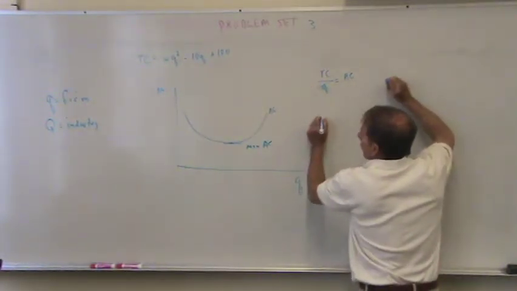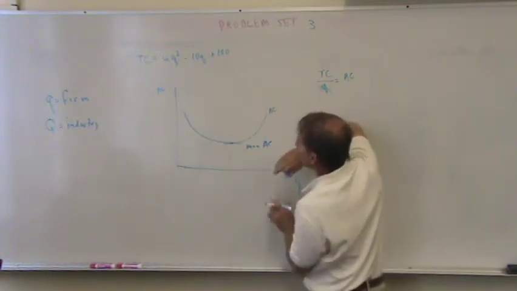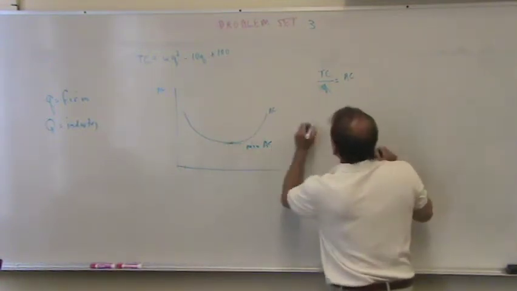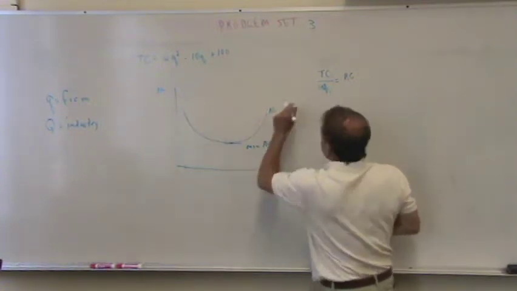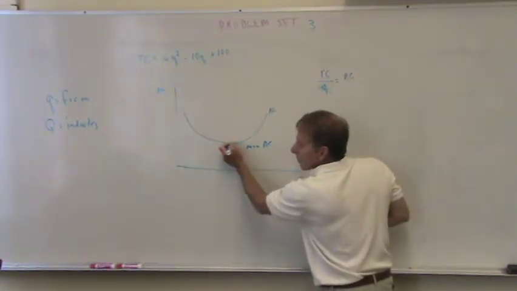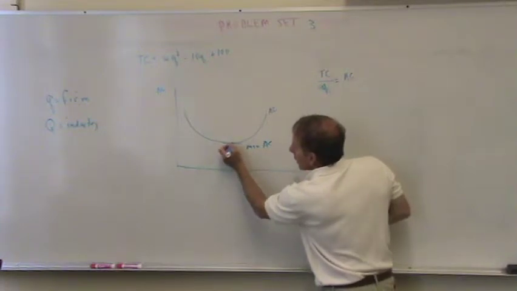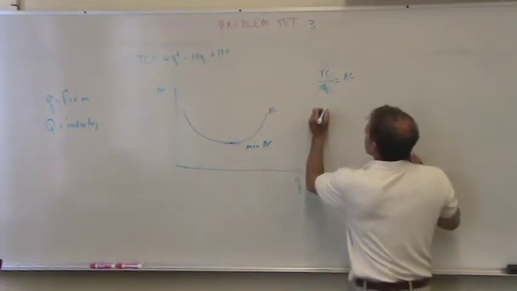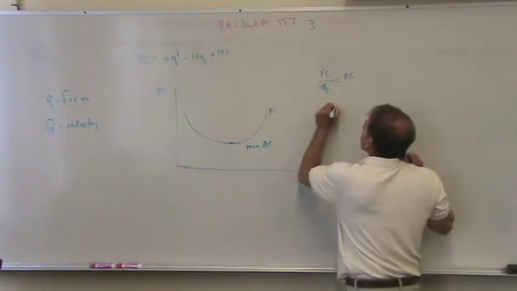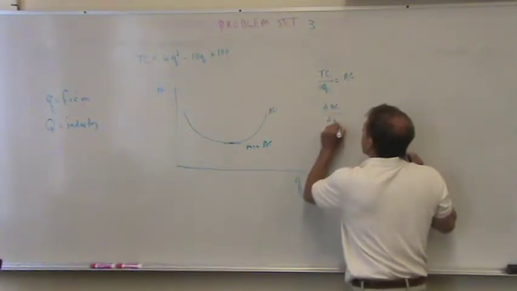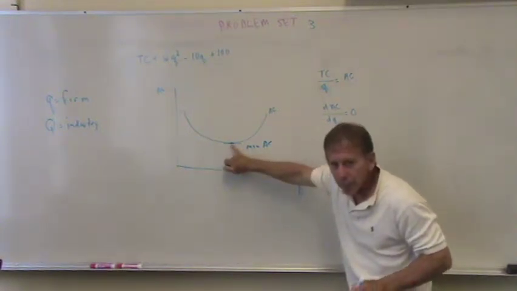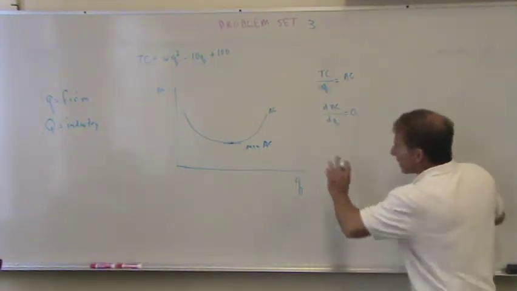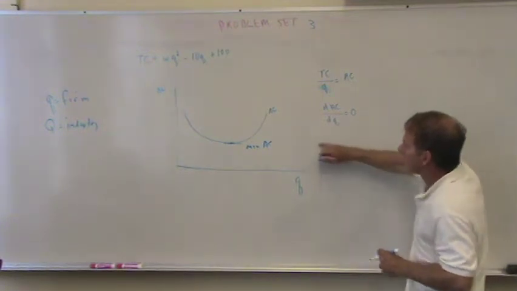Now that I have this average cost curve, where am I going to find the minimum? The minimum is where the derivative of this line, the slope, is equal to 0. So you take the derivative of the average cost curve with respect to little q, set it equal to 0, and you find that point right there. That tells you the minimum of the average cost curve.